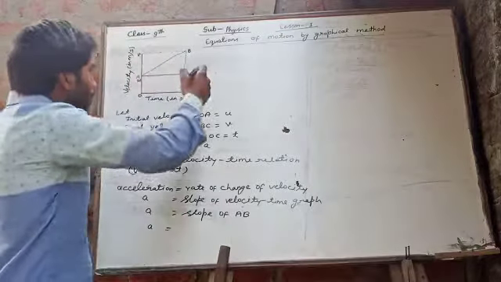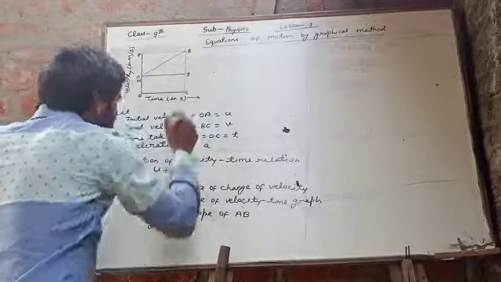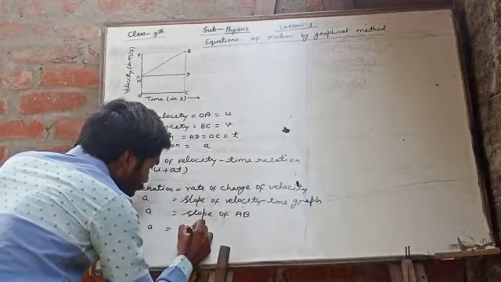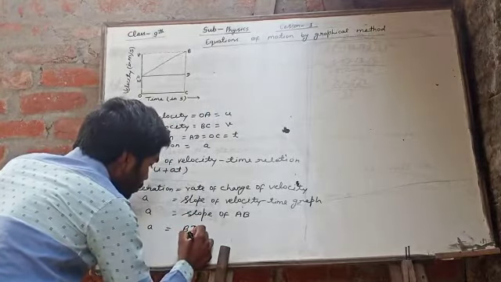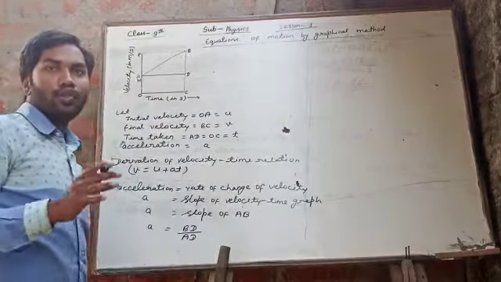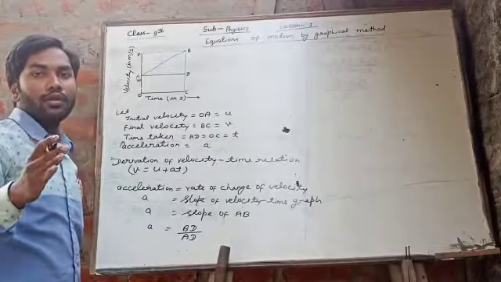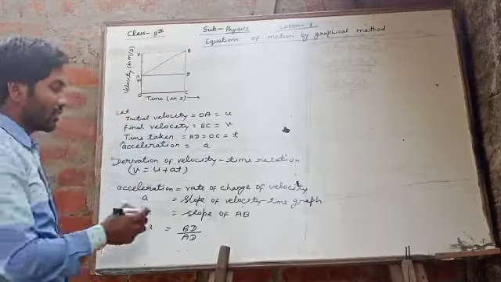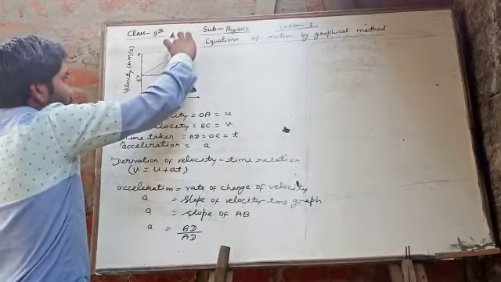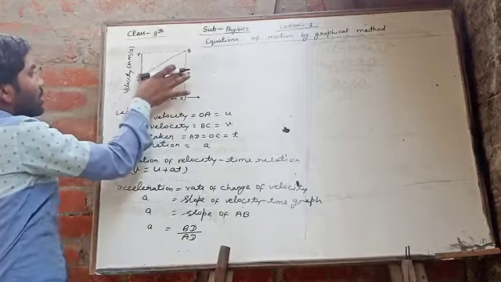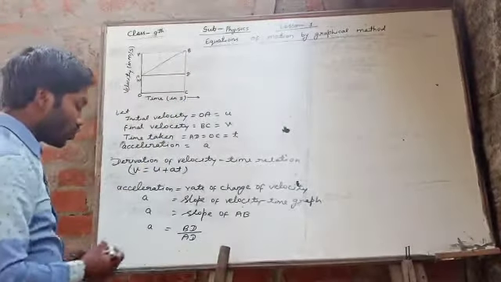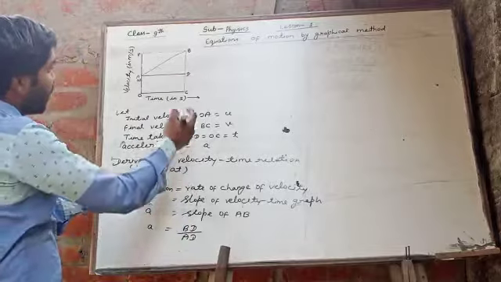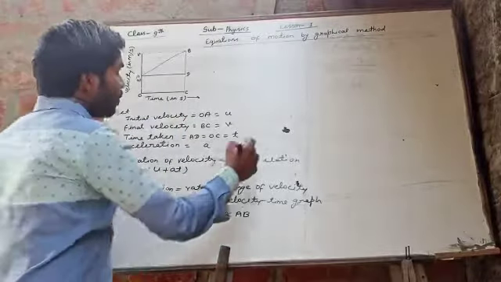Slope is BD upon AD. Slope represents the ratio of the y-axis to the x-axis, so on the y-axis it is BD and on the x-axis it is AD. So A is equal to BD upon AD.